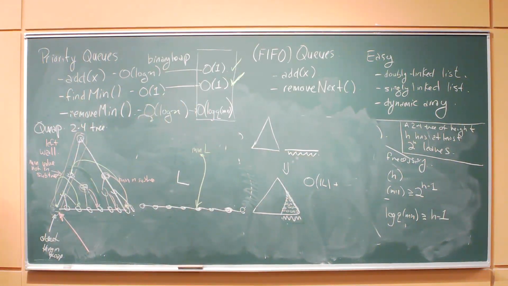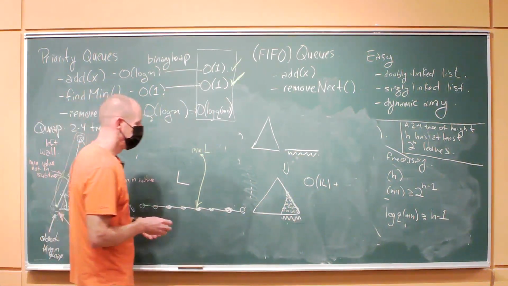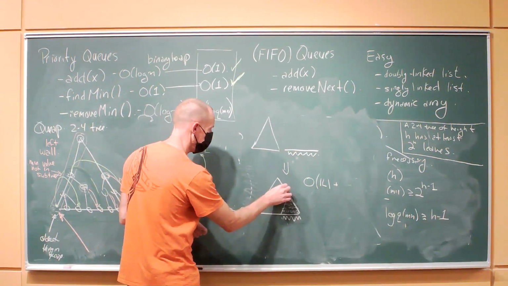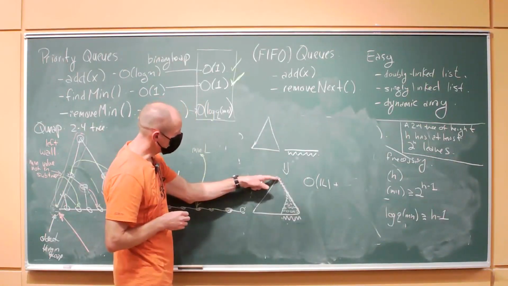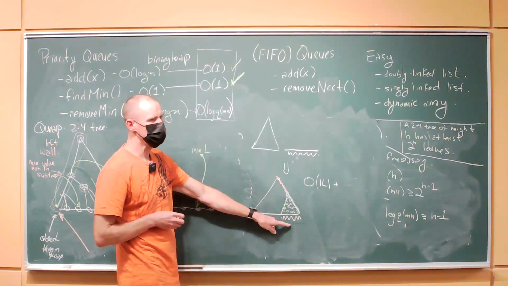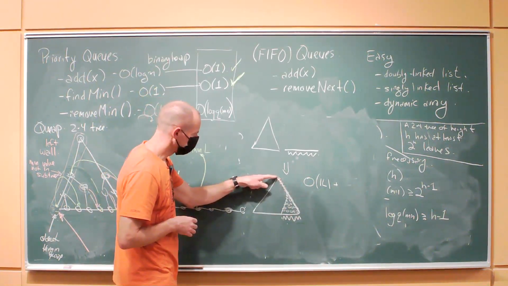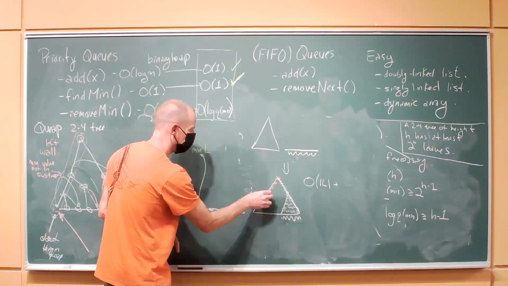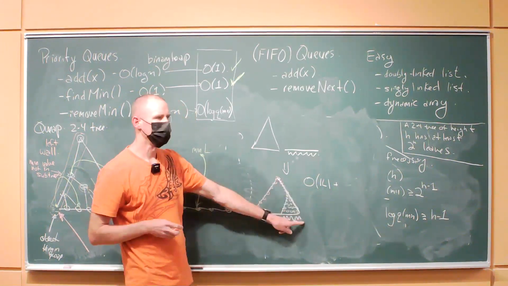But what else happens? What else needs to be updated? Possibly also any of these things here. These things here, they all have new stuff added in their subtree, so you need to update that. And then all of these things here, because they all have new stuff added in their subtree, so you need to update those if necessary.